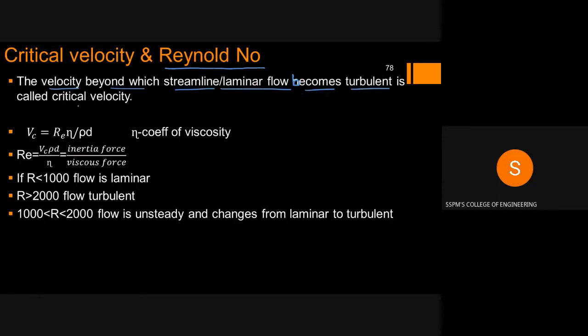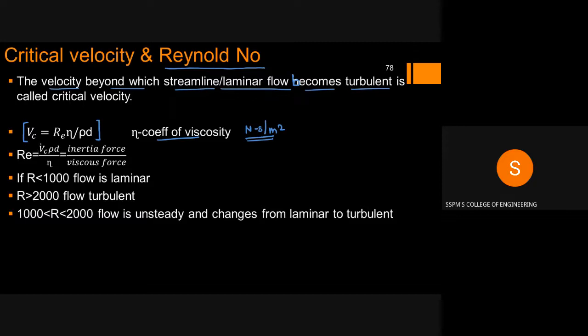This velocity is called the critical velocity, and it is given by this equation Vc = Re·eta/(rho·d), where Re is the Reynolds number and eta is the coefficient of viscosity, given in Newton second per meter square. From this, we can write the Reynolds number as Re = Vc·rho·d/eta.